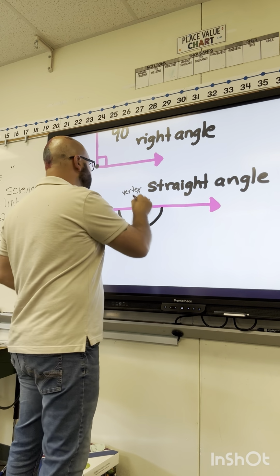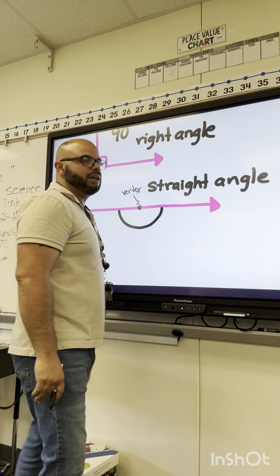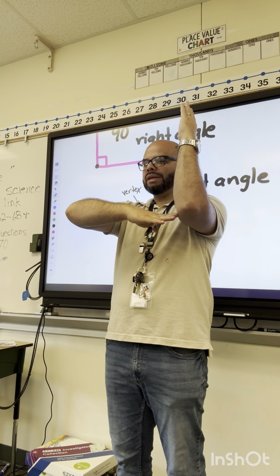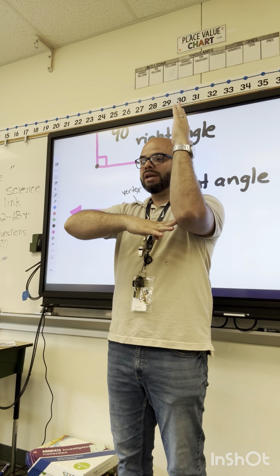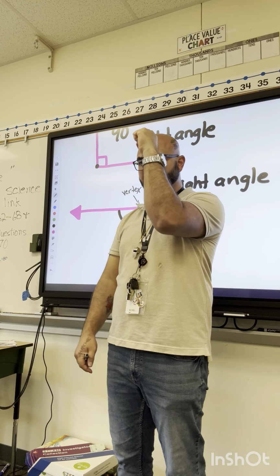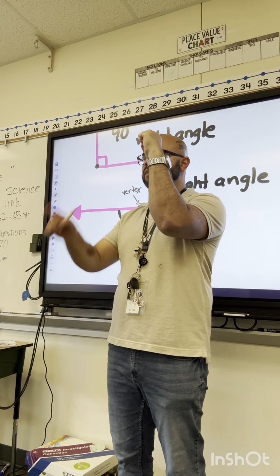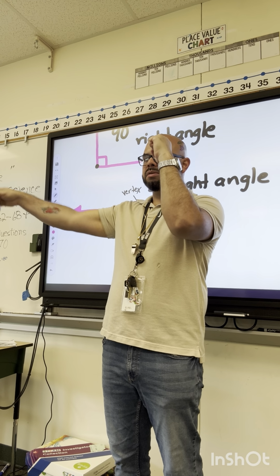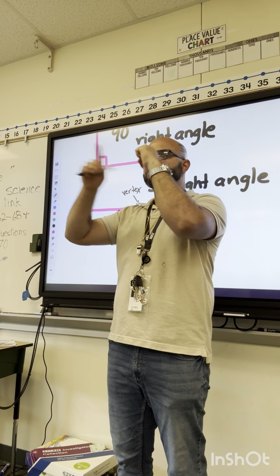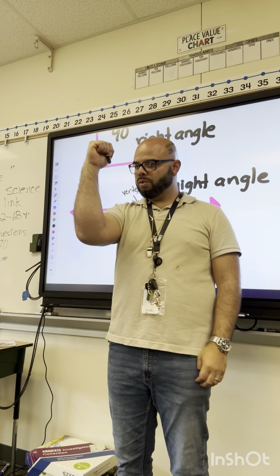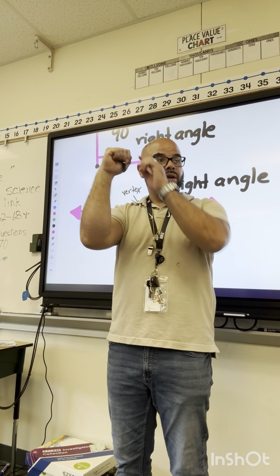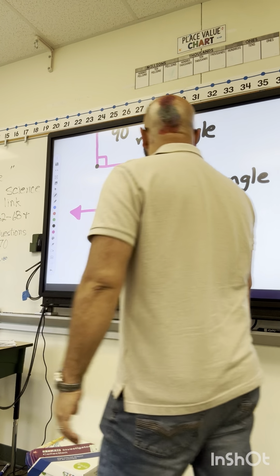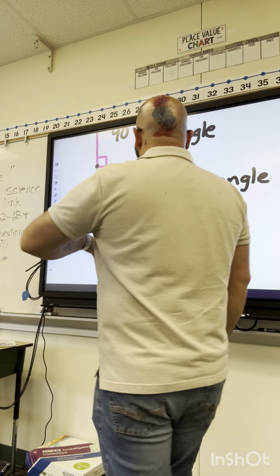The vertex is where two rays meet. A ray is a line that starts with a point or a dot and continues on forever and ever. Doesn't matter if it goes to the right or to the left, it always starts with a point and continues on forever and ever. Okay, so that's the vertex.